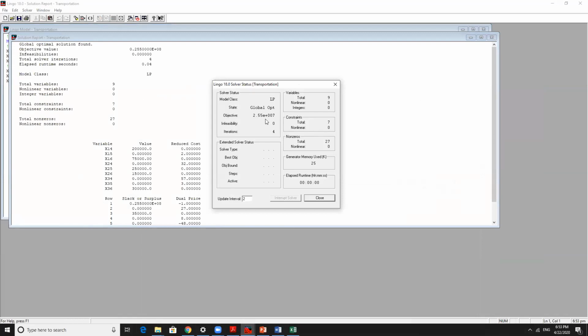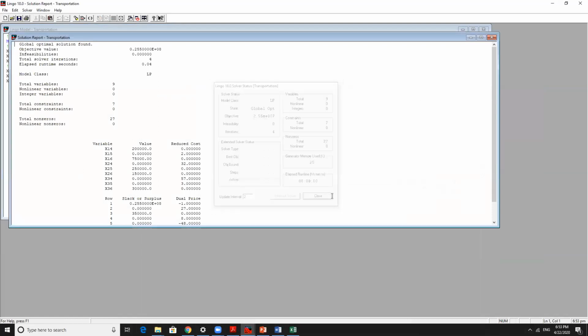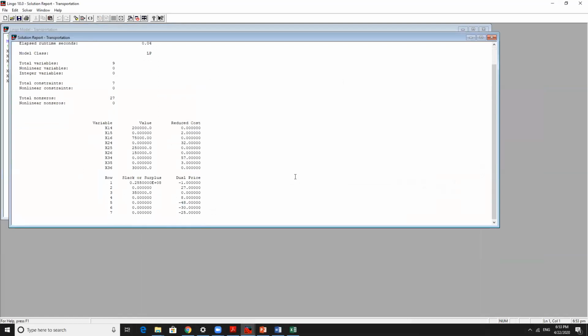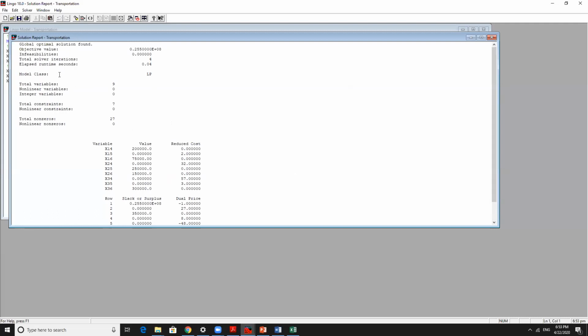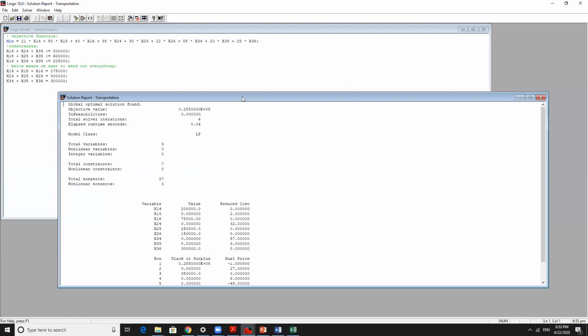This is a scientific way of showing the number, but you can also see how much you should send from each point over their associated arcs. And your minimum cost is 2.255 times 10 raised to the power of 8. Any questions so far?